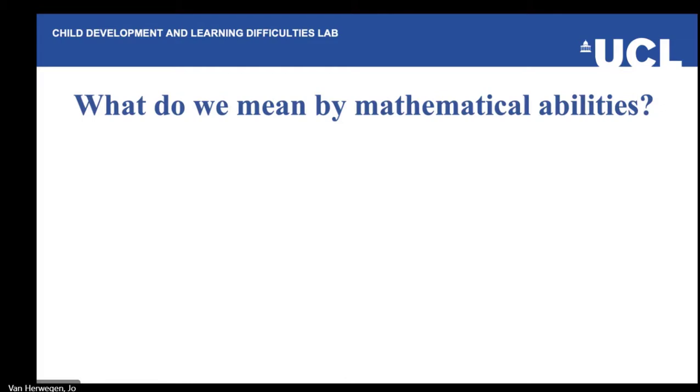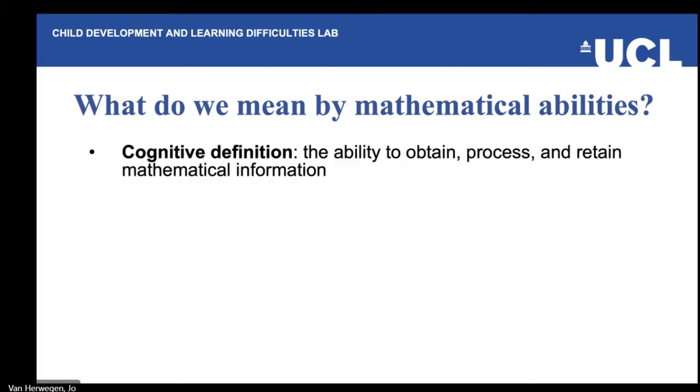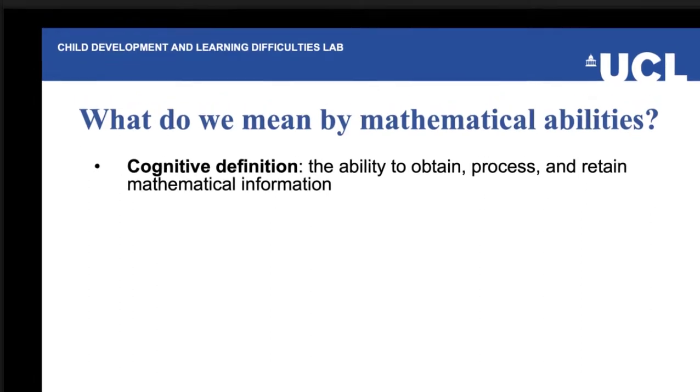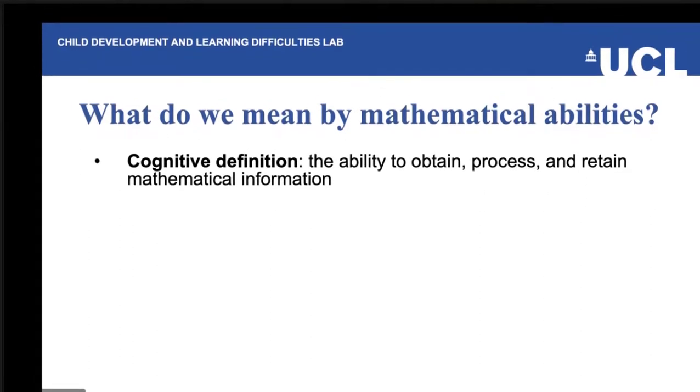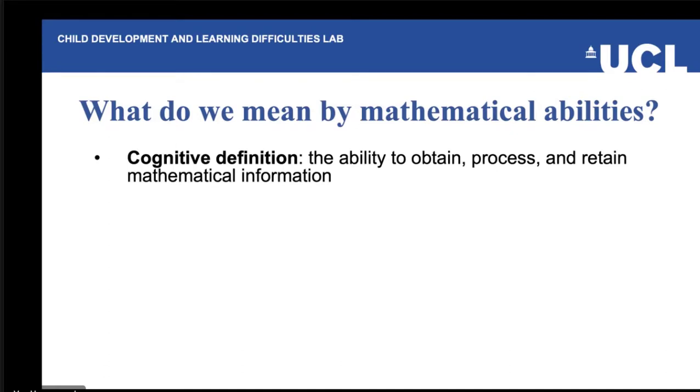All right. So first of all, I want to talk a little bit around what do we mean by mathematical abilities. And I'm going to use a cognitive definition rather than maybe an educational definition. What I mean by that is that when I refer to mathematical abilities, I refer to the ability to obtain and process and retain any kind of mathematical information.